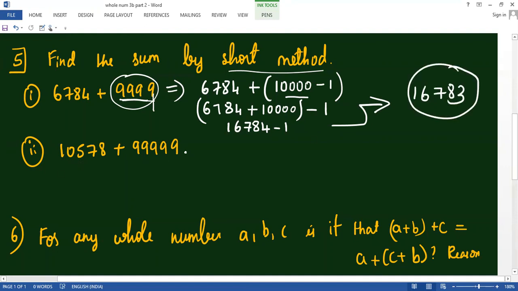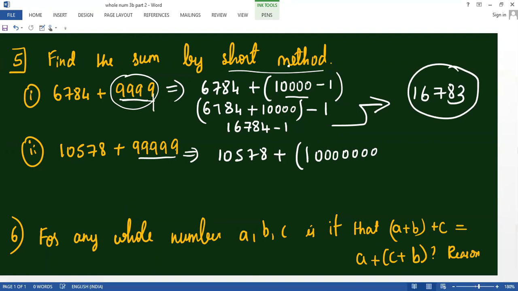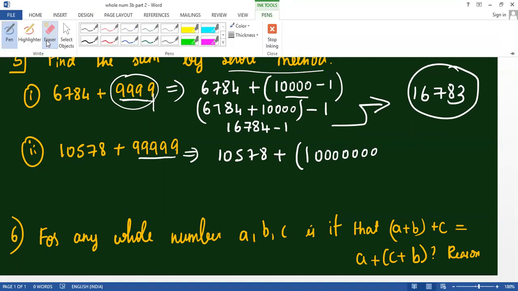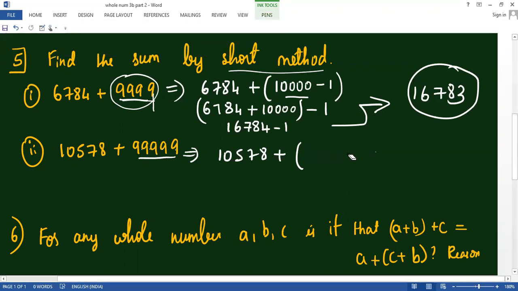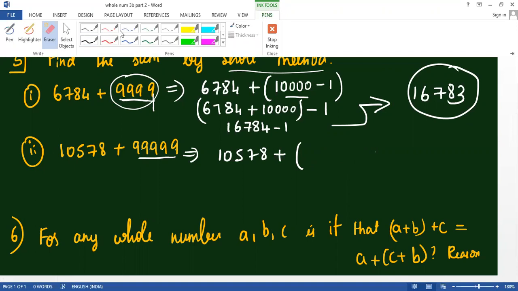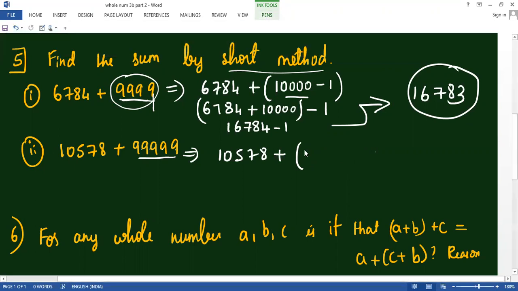Same for this also: 10578 plus. Count the number of 9s, 1 2 3 4 5, so only five 9s should be there. So let me take 5 zeros over here, 1 2 3 4 5, minus 1.